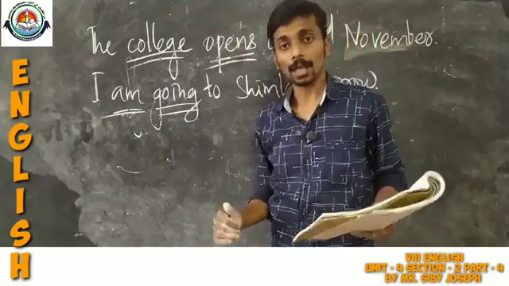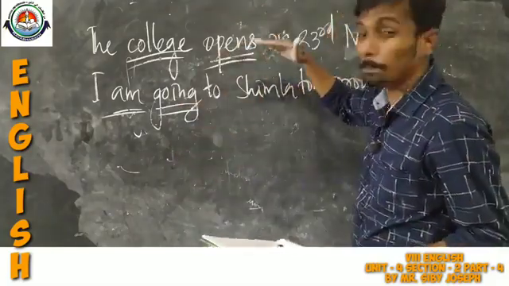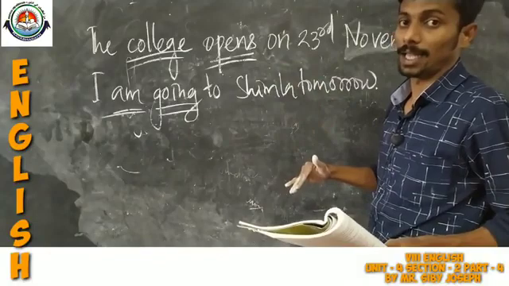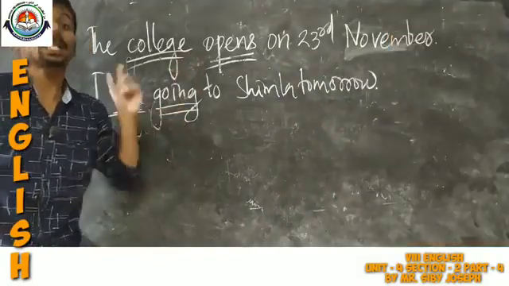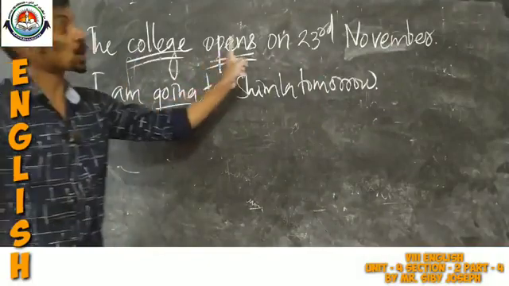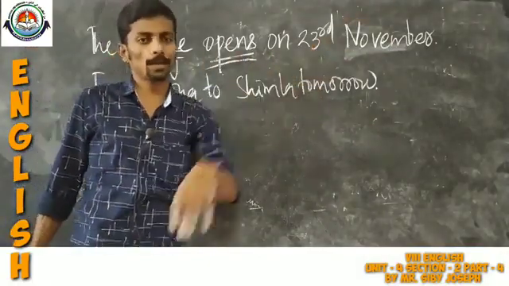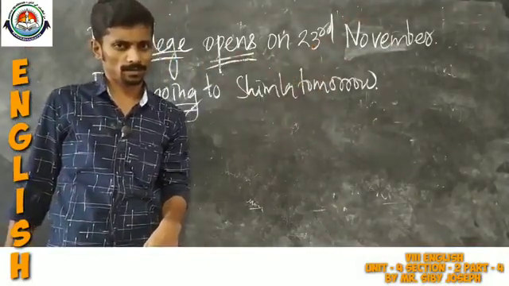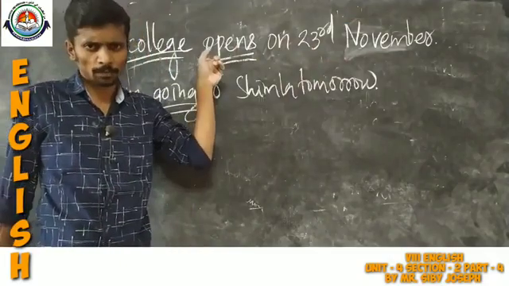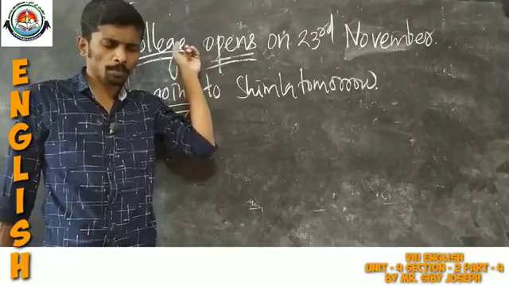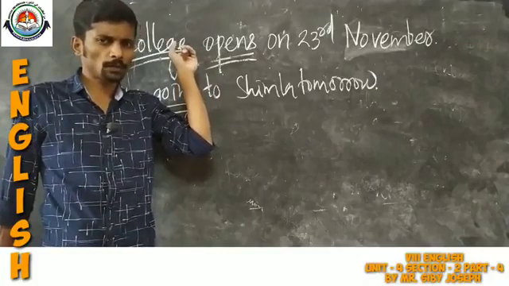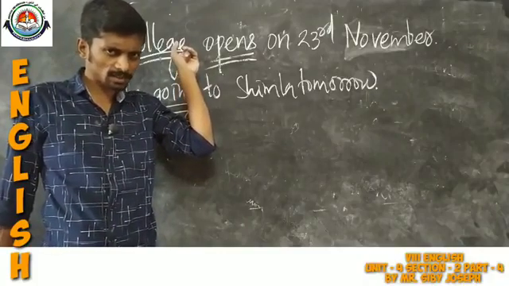Okay. Now you have to keep all these things in your mind. Now we are actually coming back to its meaning. This sentence is written in simple present, and this sentence is written in present continuous. Now take the meaning. The college opens on 23rd November. Is it something related with a daily action, or is it something related with a universal fact?